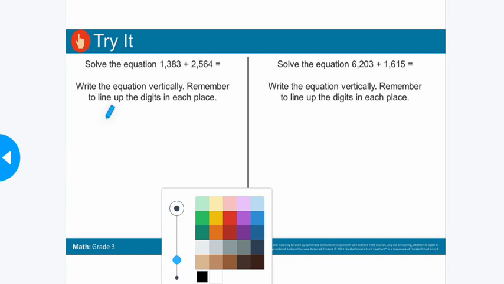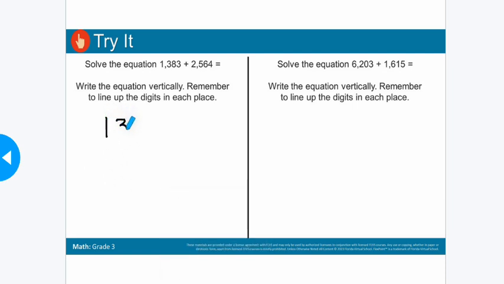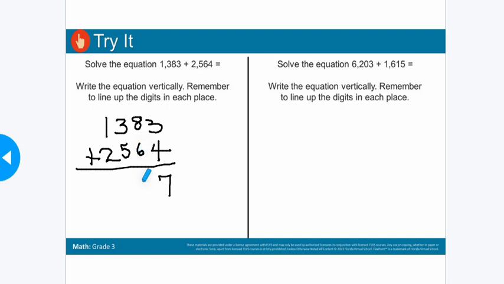All right. Here we go, gang. So I have the number 1,383 and then 2,564. Gonna go ahead and align my place values. So I have 3 and 4 gives me 7. 80 plus 60 gives me 140.